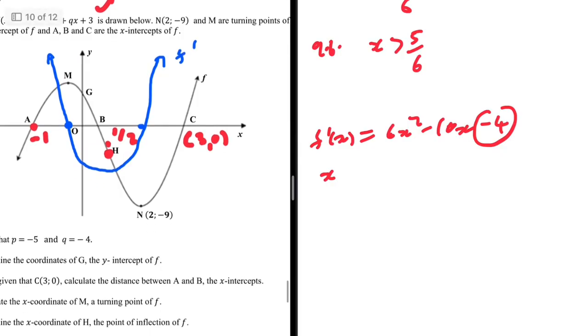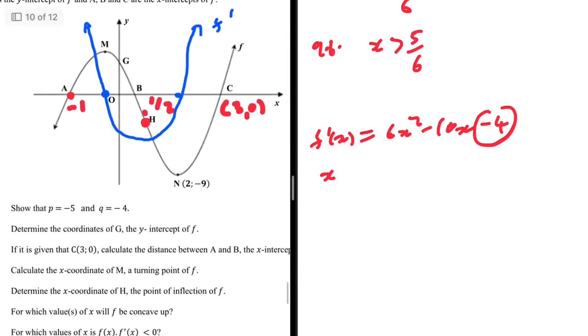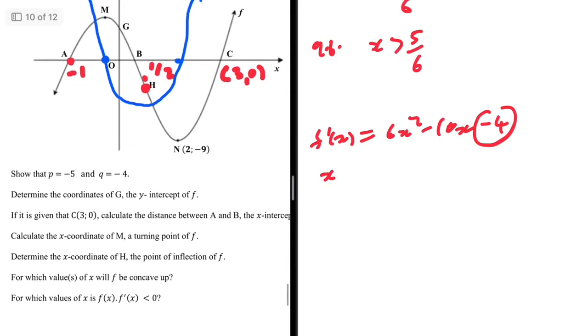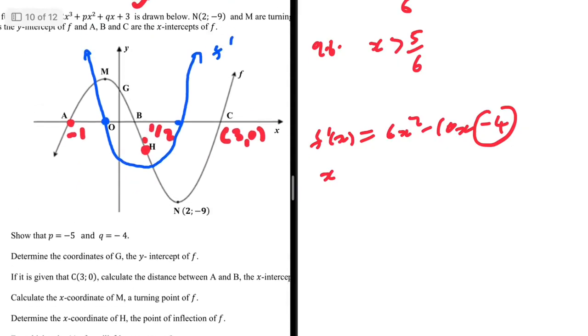And then we're looking for values of x for which f of x multiplied by f prime of x is less than 0. Okay, so let's see. F of x, where is f of x positive? Let me just mark it. F of x is positive here. Just follow me, you will see why I'm doing this. It is positive here up until infinity, right?